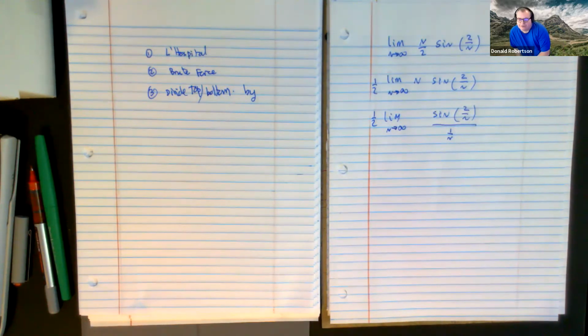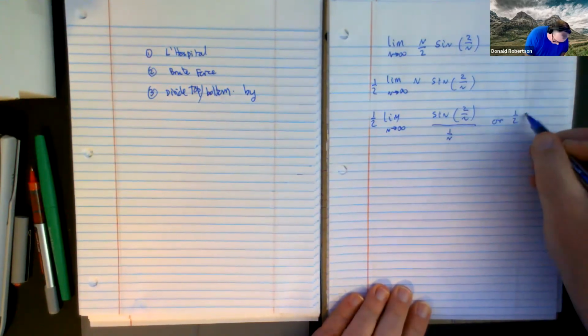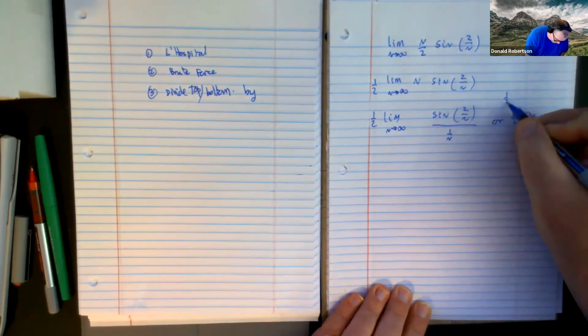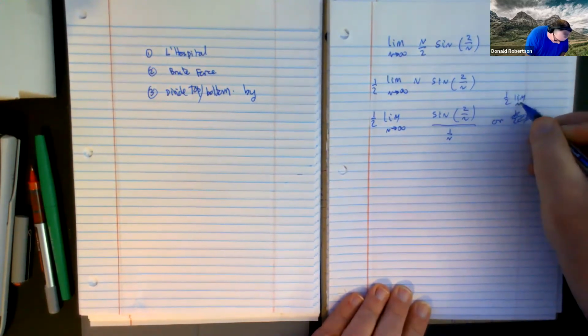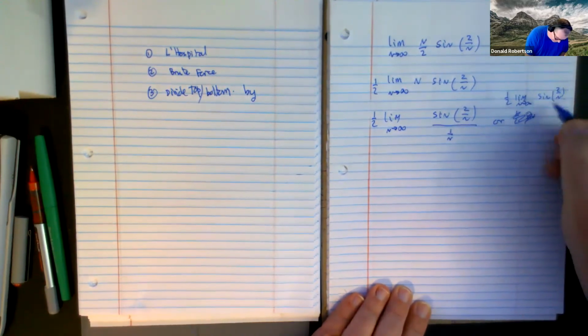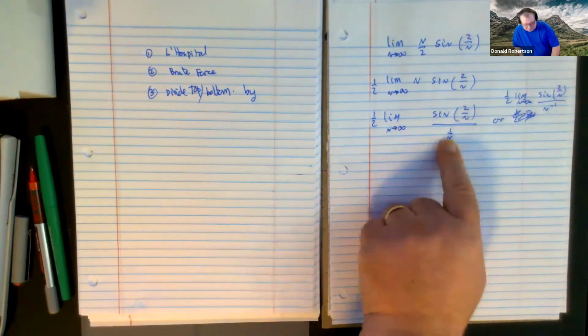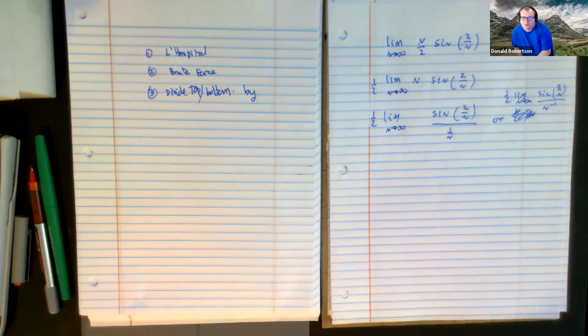I'm going to write it as a fraction, if you prefer. It's the same thing. Now that I've written it in this form, can you see that it's been structured so L'Hopital can be used?